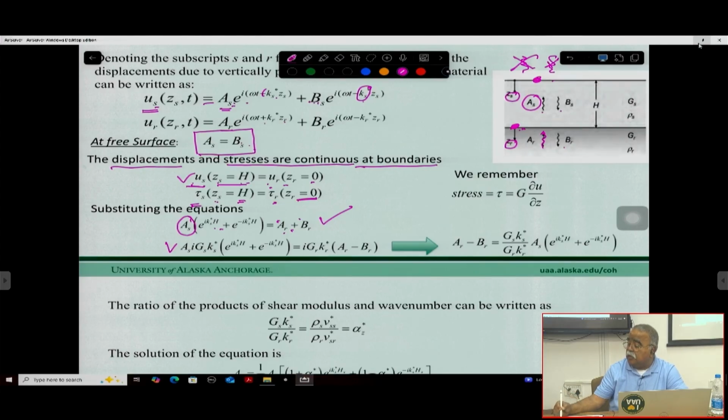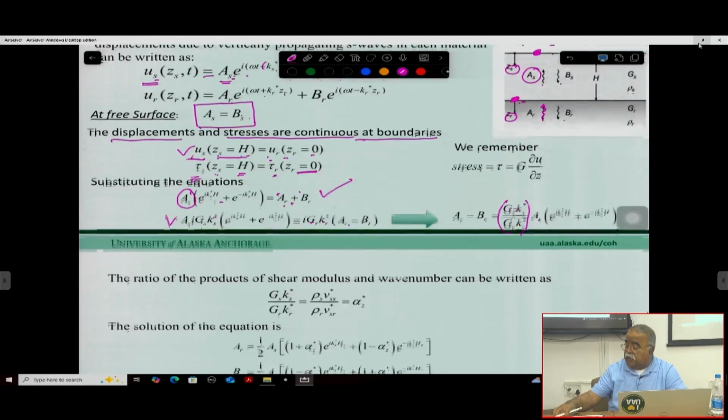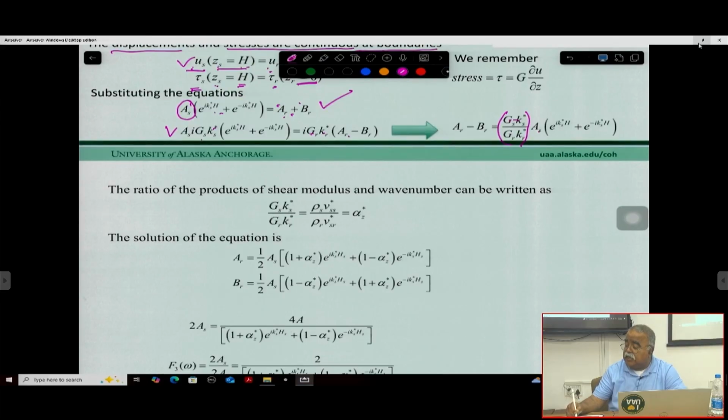So if you can put that, then AR and BR will be equal to this GSKS by GRKR ratio into AS into this part, right? Now, if you can put this GS by K star, this one equals rho S and the VS for the soil surface, because this is Ks.